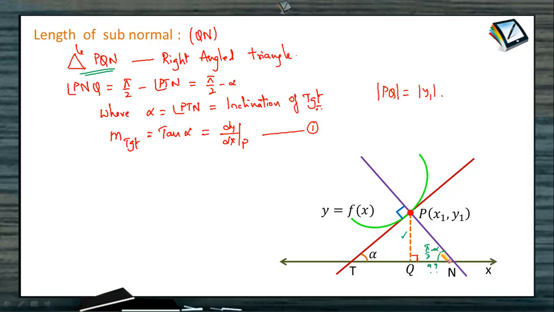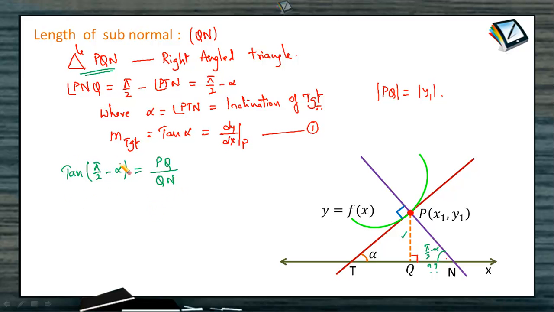So can you tell me, for this angle 90 minus alpha, which trigonometric ratio would relate the opposite side PQ, which is known, to Qn, the adjacent side, which is your requirement? Correct. Tan of the angle at N, that is 90 minus alpha, is the opposite side PQ length by the adjacent side, that is Qn length, right?